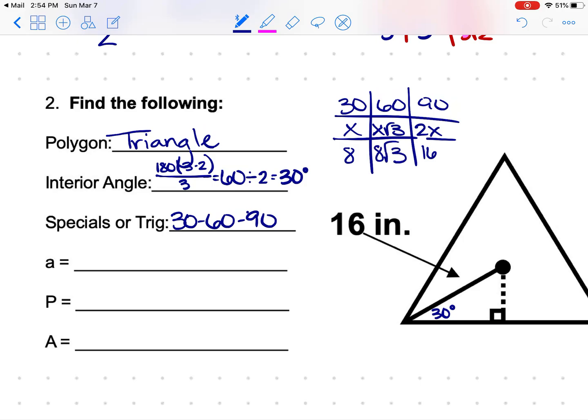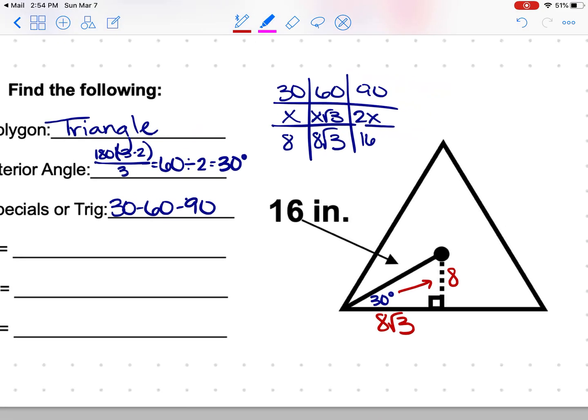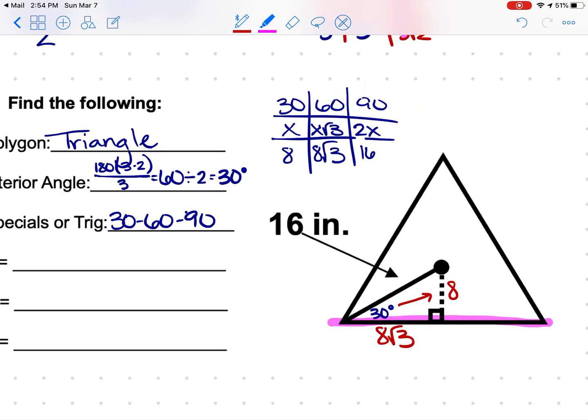So now we just have to figure out where the 8 and 8 square root of 3 go in our triangle. So 8 is across from the 30, so I know my apothem is 8. My bottom side across from the 60 is 8 square root of 3. And if I want to know the whole way across here, I would just double it. So that would give me 16 square root of 3 for a side length.